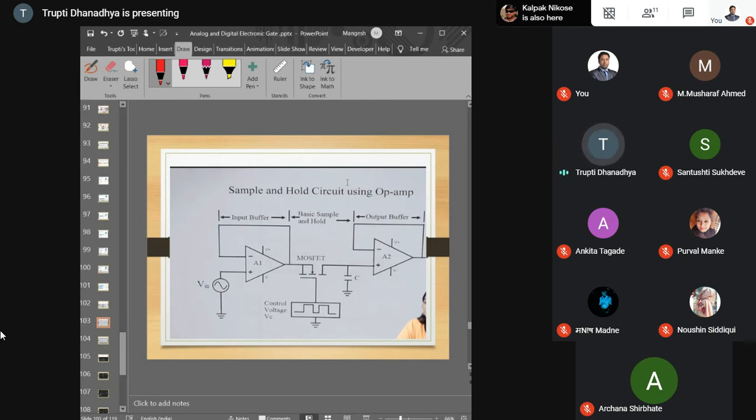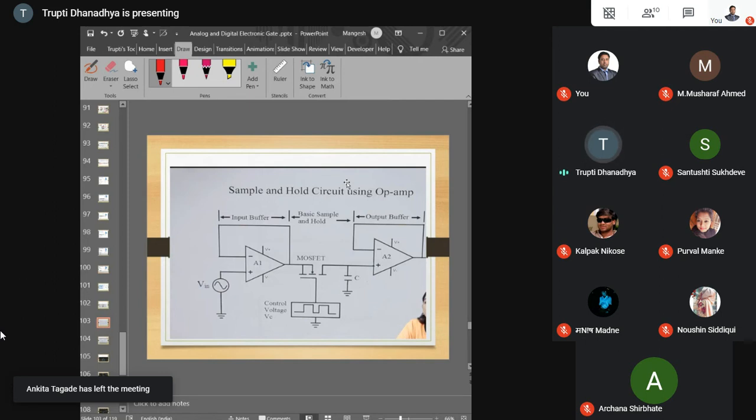Whenever we give Vin to the op-amp, we have to trigger the MOSFET. Of course, the MOSFET requires triggering, and that triggering is nothing but the control voltage. You already studied that triggering method in power electronics.